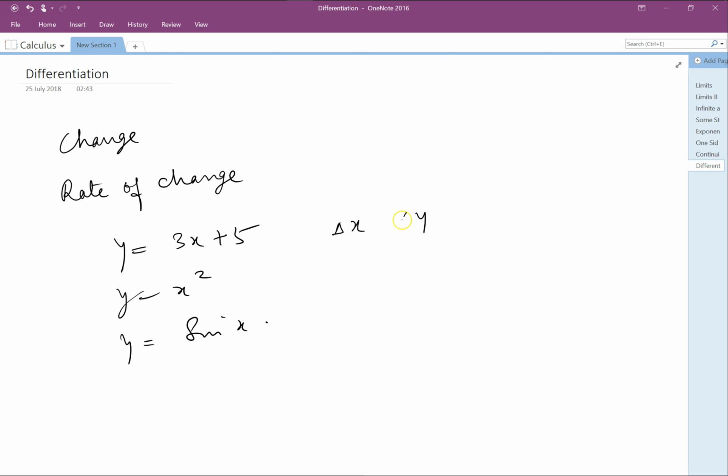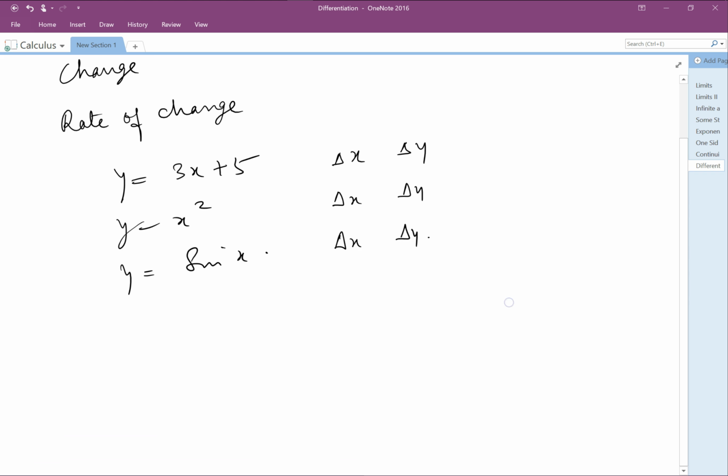Now, how do we measure this change? Naturally, to be able to measure a change, we need to do some kind of a subtraction.